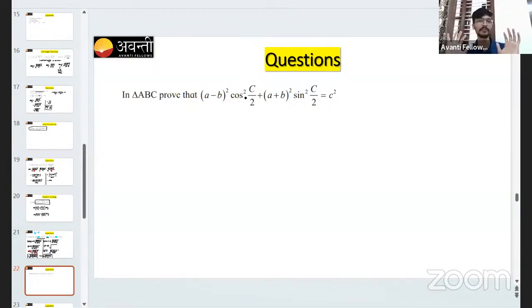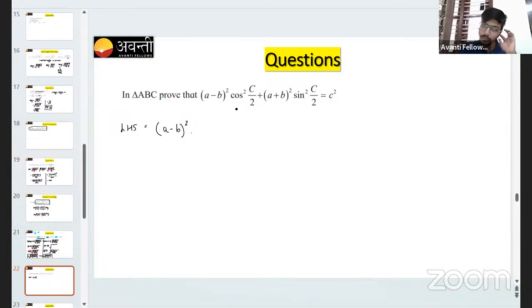Cos c by 2 was under root of s into s minus c upon ab. Am I saying it wrong? So if I square it, the square root will disappear. So let's start. Suppose I start with LHS. What will I get in LHS? Here it remains the same, a minus b the whole square into cos square c by 2. I am also doing this question for the first time, so if I make a mistake, don't laugh.